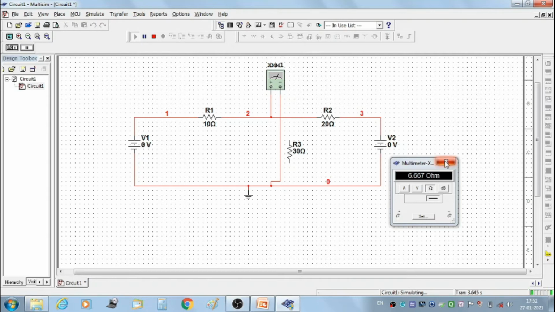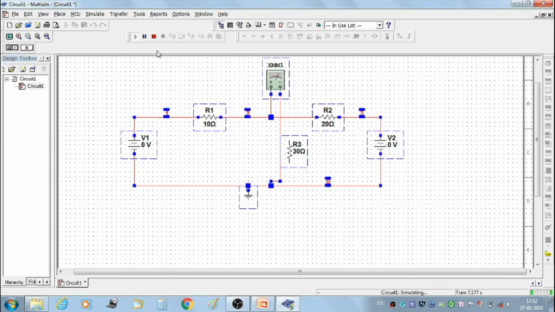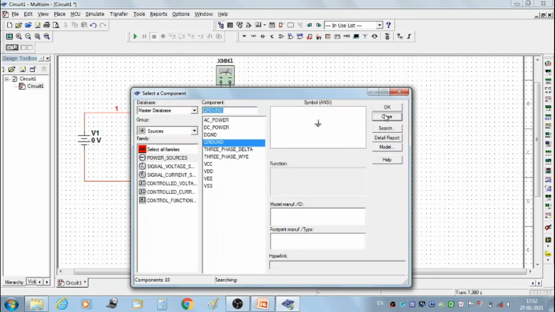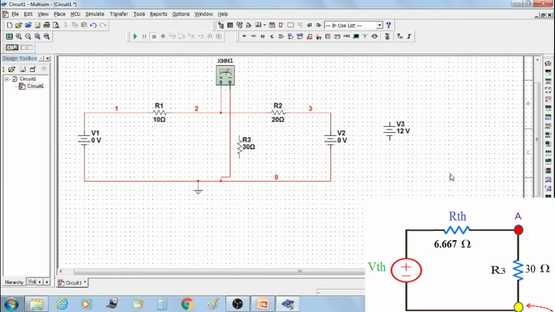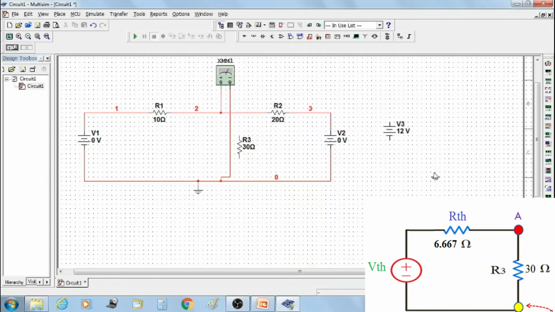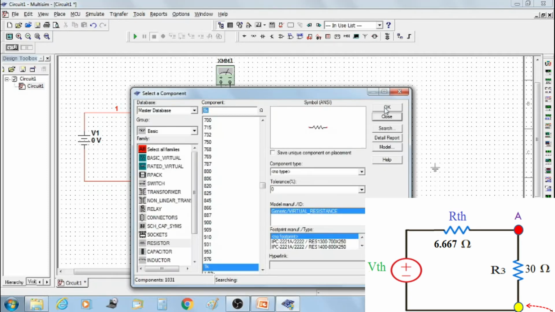Now construct a circuit to find our Thevenin's equivalent circuit. Please construct it. For that, again select a DC source, ground, then the Thevenin's resistance and load resistance.